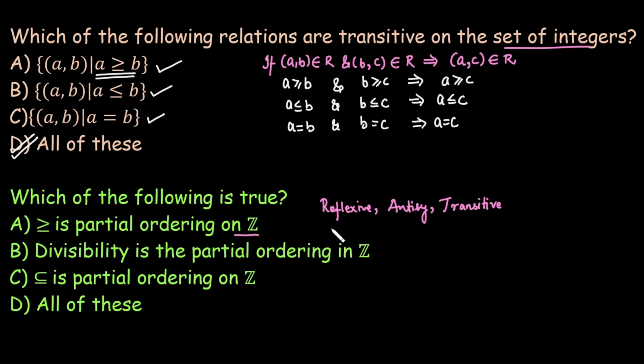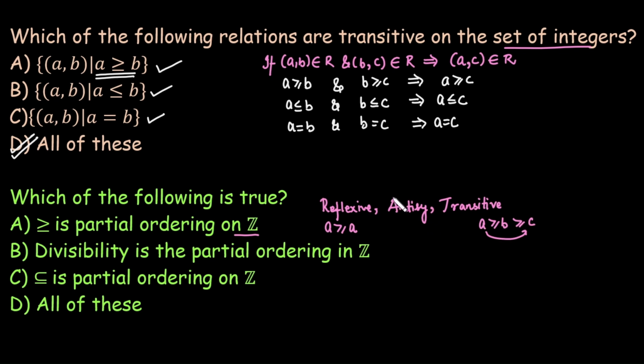For reflexive, we just need to check whether every element can be written as greater than or equal to itself. Yes. For transitivity, if A is greater than or equal to B and B is greater than or equal to C, can we say that A is greater than or equal to C? Yes.